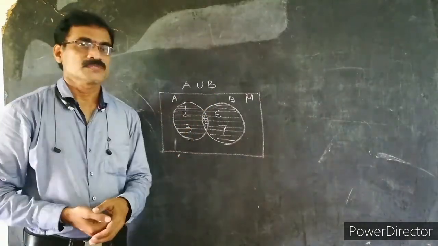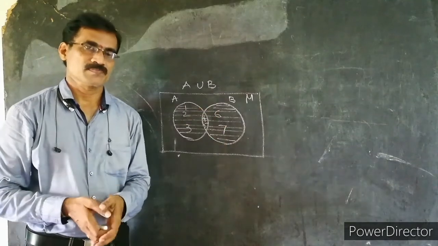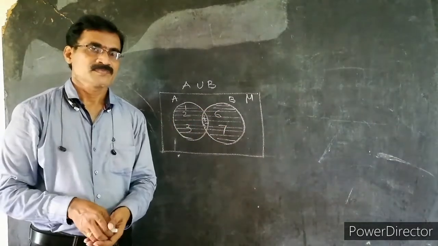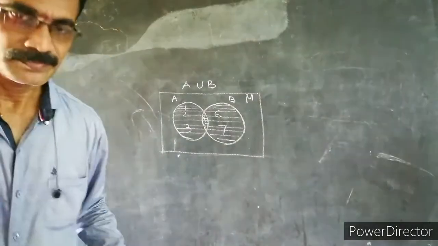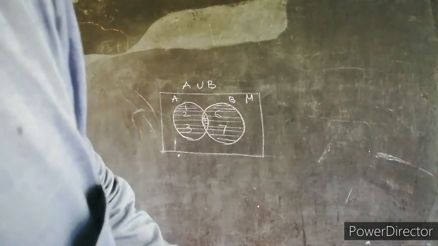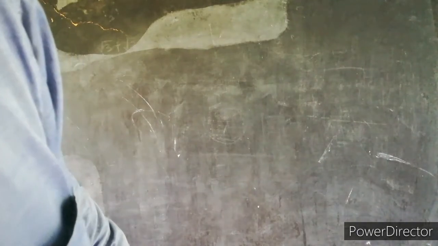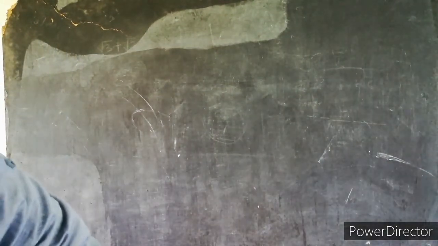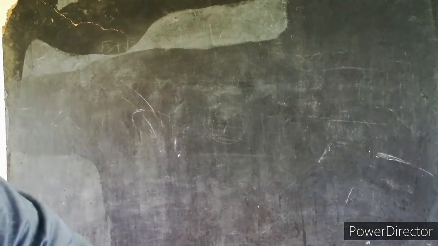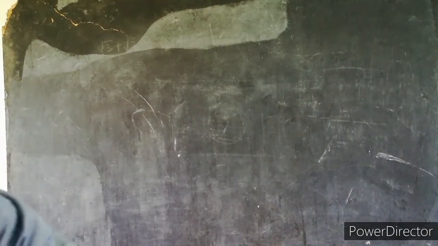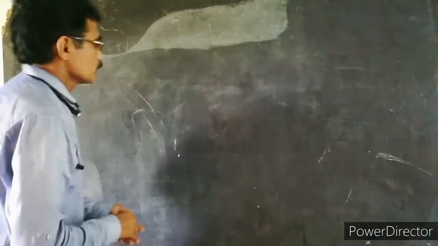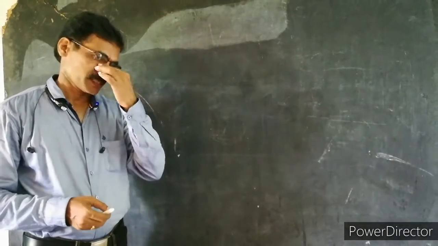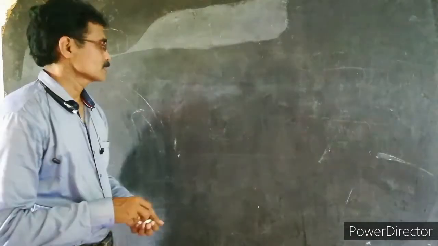Now shall we take A intersection B. We have to write intersection. Okay, now how to represent the intersection of sets by using Venn diagrams.